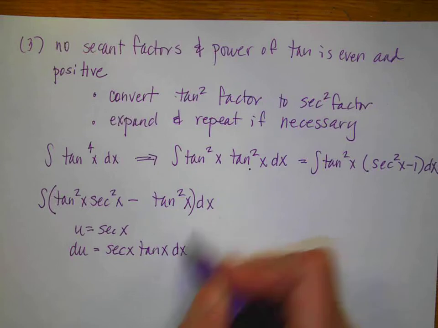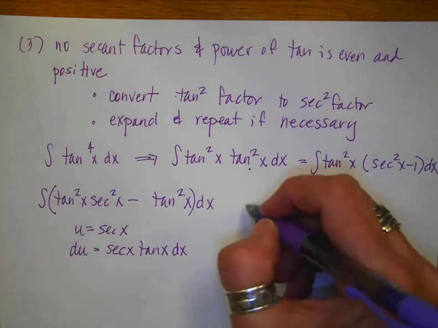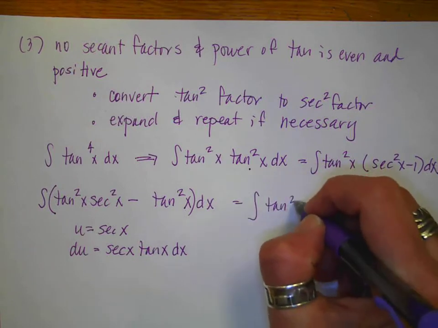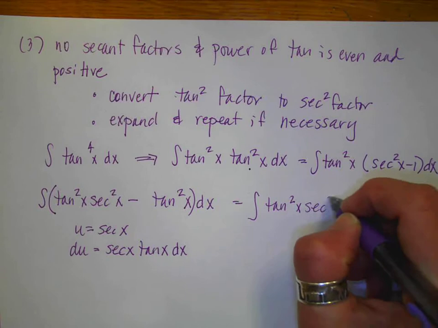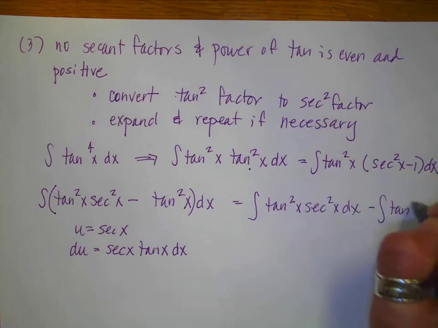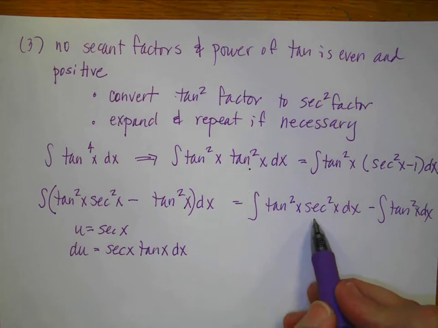Alrighty. So before I actually do my u substitution, I'm going to split this guy up a little bit. So I'm going to rewrite this as the integral of tangent squared x secant squared x dx minus the integral of tangent squared x dx. Alrighty.